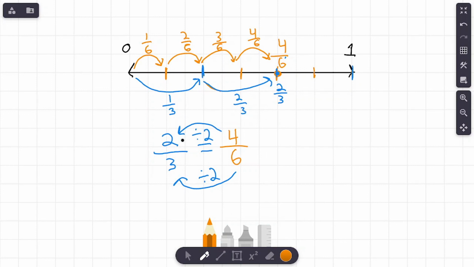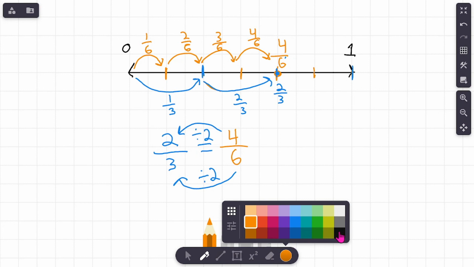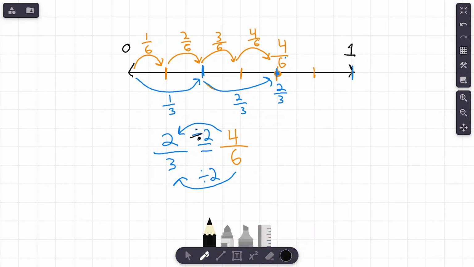And then we looked at the math portion of it down here, and we took 4/6, which is what we started with, and we asked ourselves, what can we divide the 4 and the 6 by? And we figured out that could be 2, because 4 divided by 2 equals 2, and 6 divided by 2 equals 3.